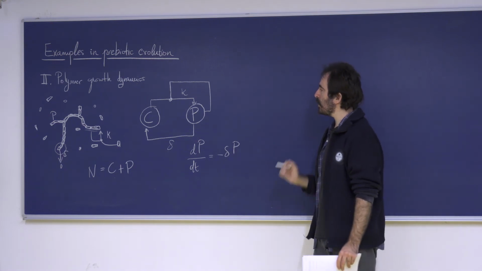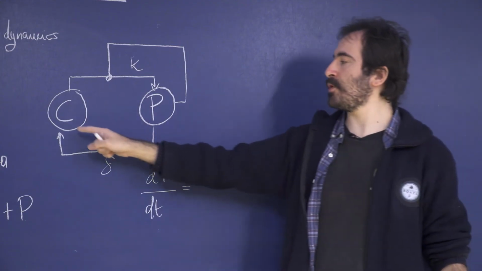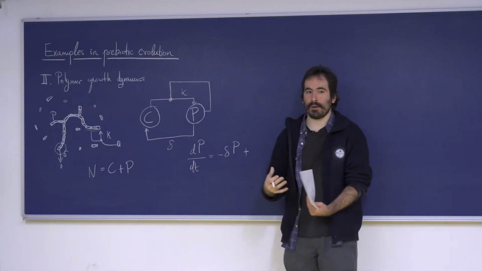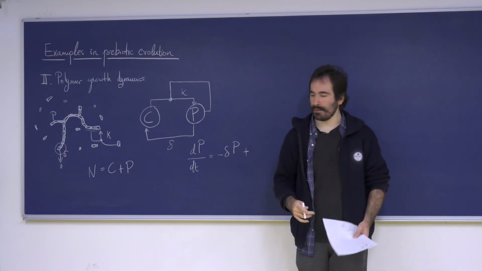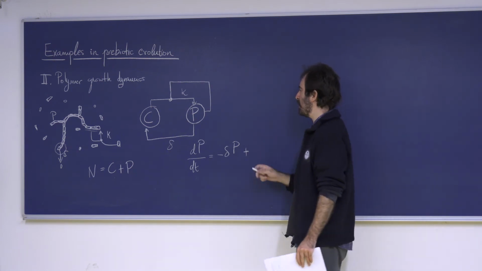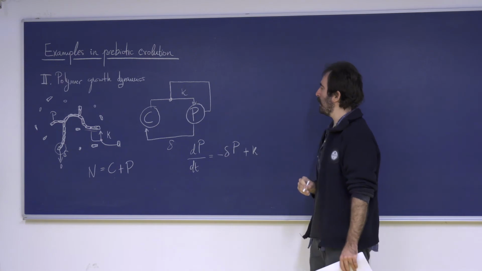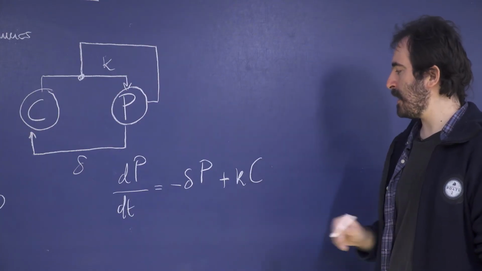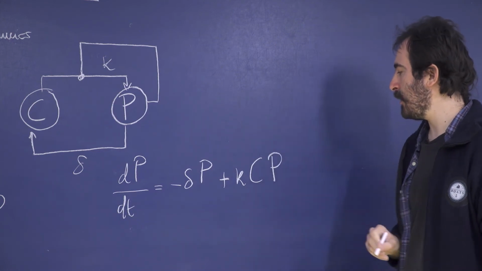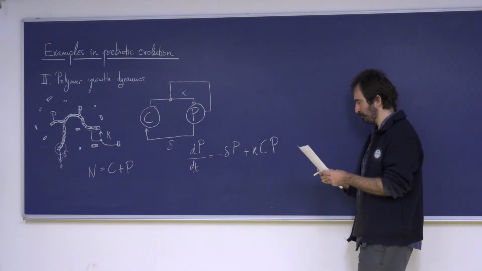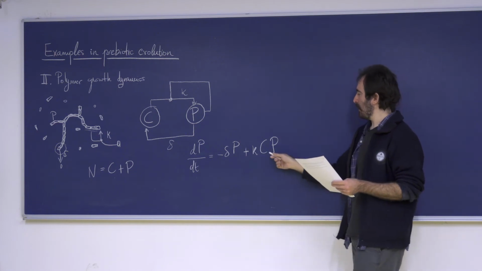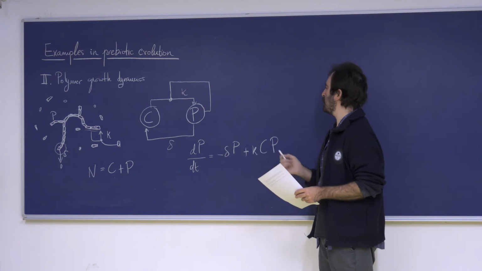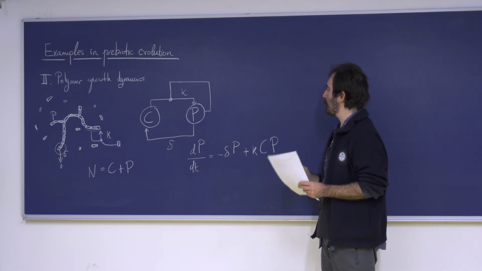The next term is not so straightforward because we do have capturing of the free-floating monomers, so this is going to increase the number of monomers inside the polymer, or if you want, belonging to the polymer. Therefore, there's going to be a plus sign. It's going to be governed by this constant K, but it also will be depending on C and depending on P, right? Yes. So this, again, is the total number of free-floating monomers, and this is the total number of monomers in the polymer.